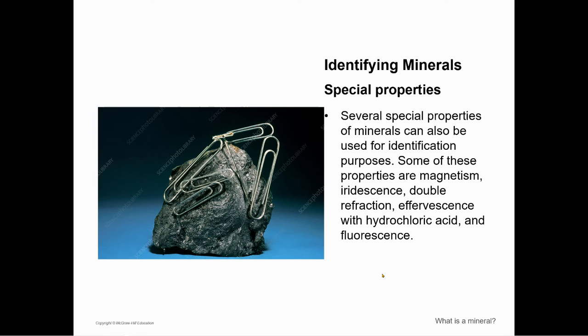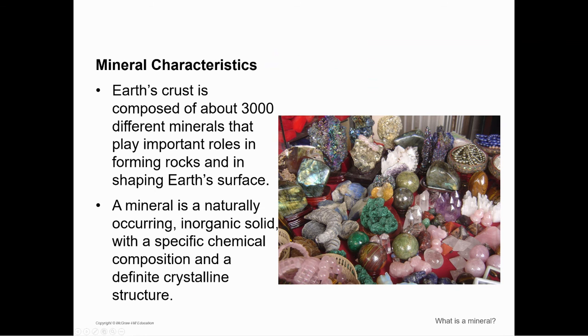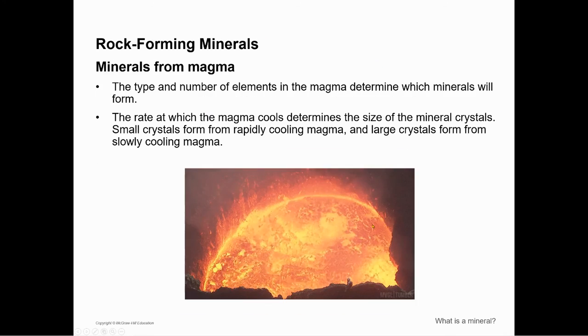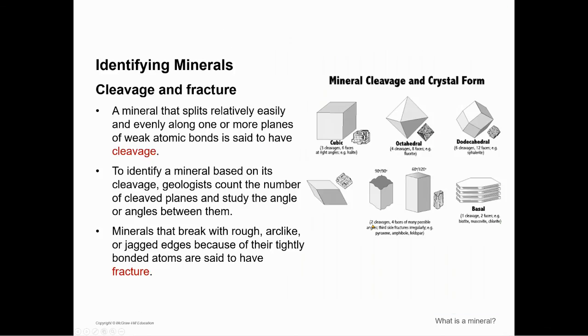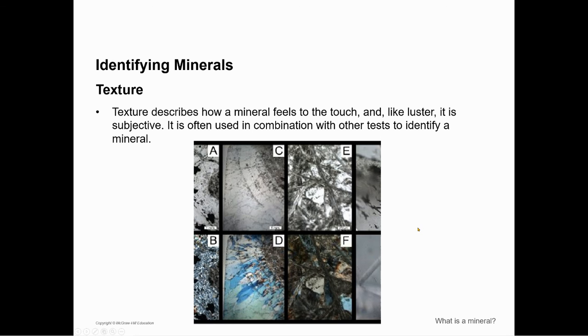It has a magnetic property to it that'll help us to identify it. That very first page right here, these fluoresce under a black light. They change cool colors. We can identify them by that also. So, different ways of identifying minerals.